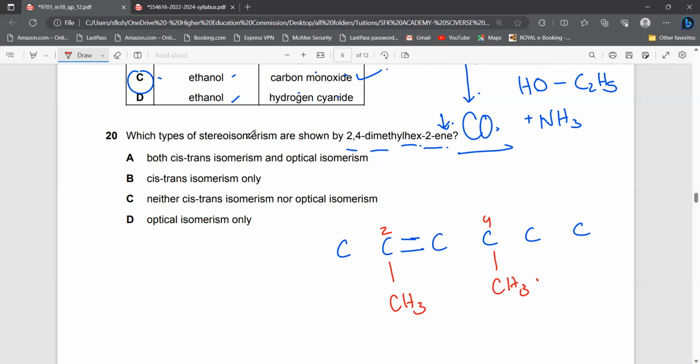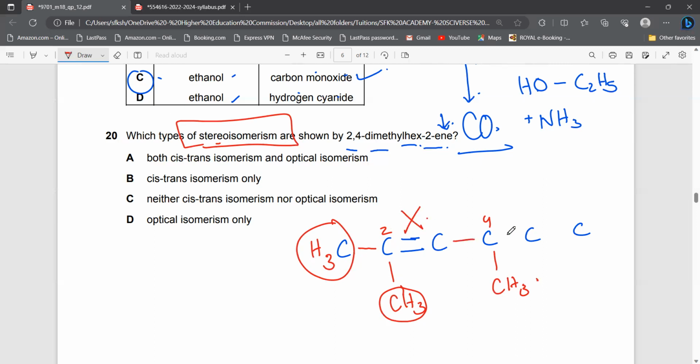Whichever stereoisomerism is shown, it's either cis-trans or optical. Now let's see. Just by looking at it, this double bond cannot show cis-trans because both the groups attached to the same double-bonded carbon atom are exactly identical. These two groups have to be different if you need to show cis-trans, so it cannot have cis-trans. What about optical? Well, for optical, all four groups have to be different.